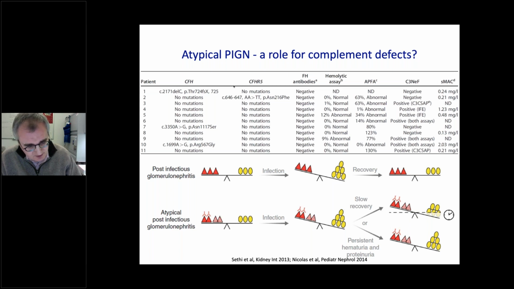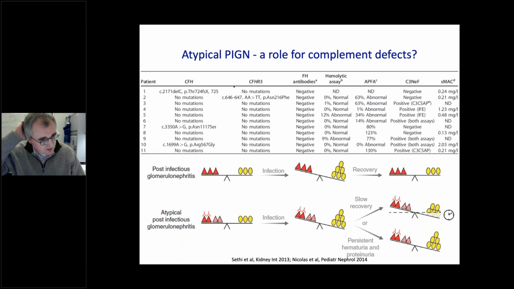Then those patients do not follow the typical recovery after a couple of months, but continue to be proteinuric and hypocomplementemic, and then are biopsied and might end up with a diagnosis of C3GN.